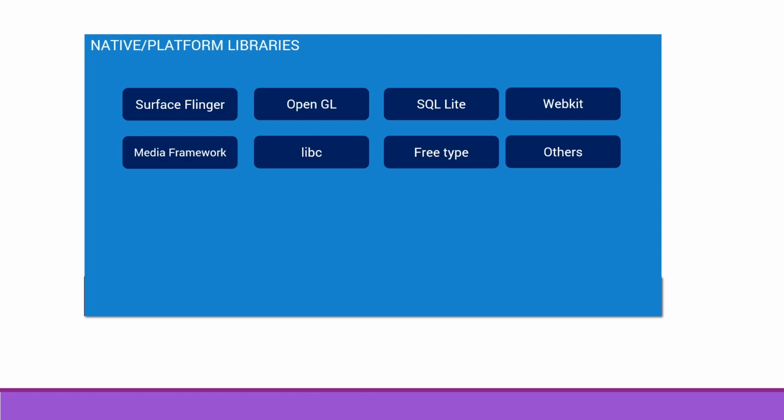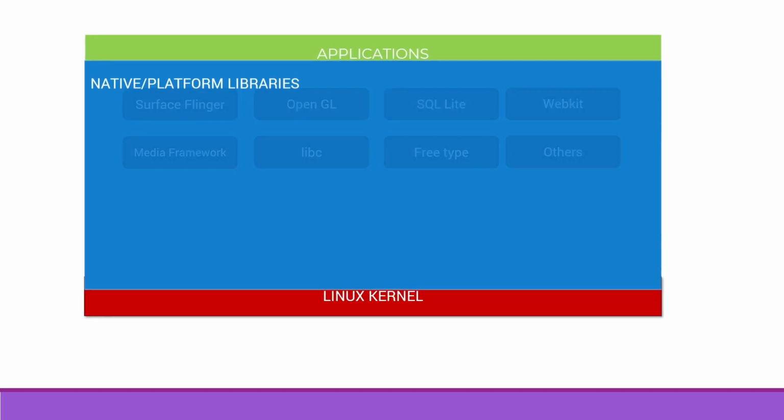It is for browser support like Chrome, Mozilla, and so on. Media Framework. It is responsible for playing and recording audio and video formats. FreeType. It is for font support. libc is a specially designed C library for Android. And there are more native platform libraries inside Android.